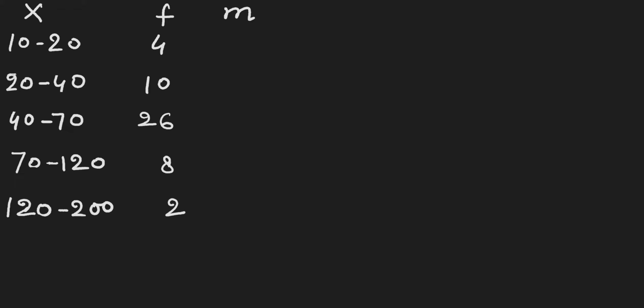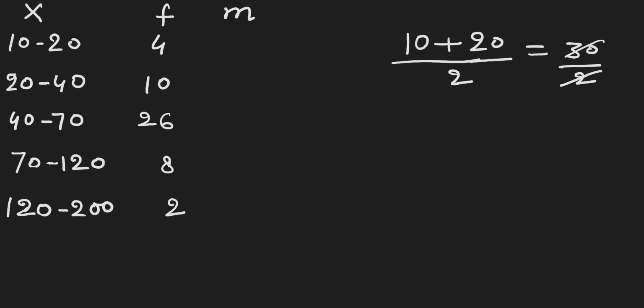Mid value is the lower limit plus upper limit divided by 2. So in the first class interval, it will be 10 plus 20 divided by 2, which is 30 divided by 2. It means 15 will be the mid value.